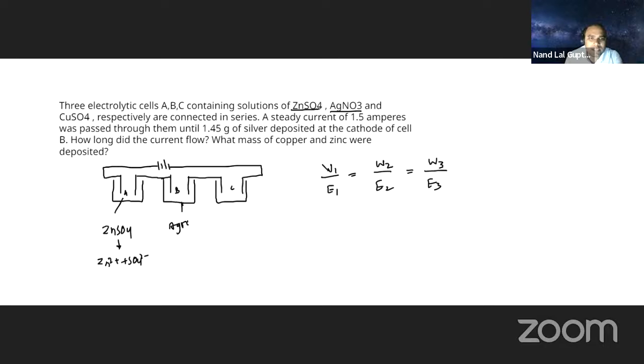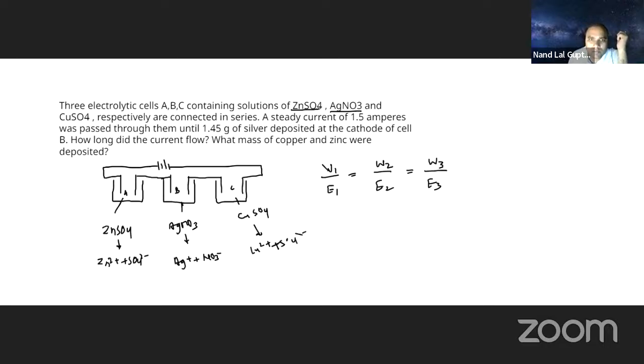If you ionize it, it will give Ag+ and NO3- ion. Another we have is CuSO4. If you ionize this one, passing electricity, it is going to give Cu2+ and SO4 2-. These are the ions.